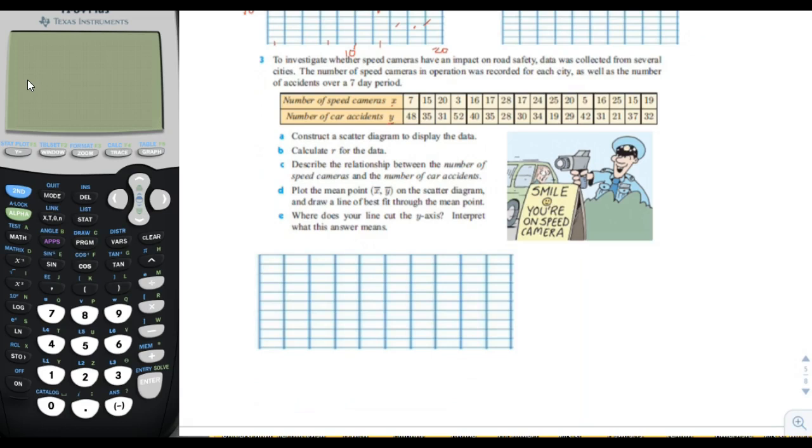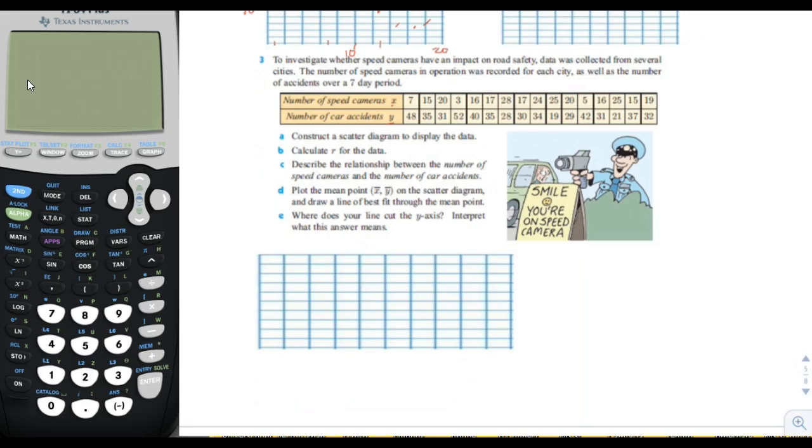Construct a scatter diagram to display the data. Calculate r for the data. Describe the relationship between the number of speed cameras and the number of car accidents. Plot the mean point on the scatter diagram. Draw a line of best fit through the mean point. And where does your line cut the y-axis?